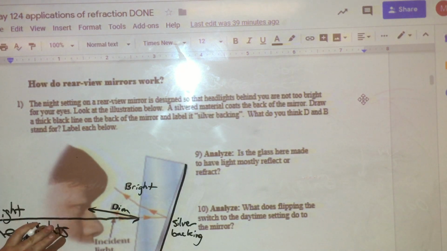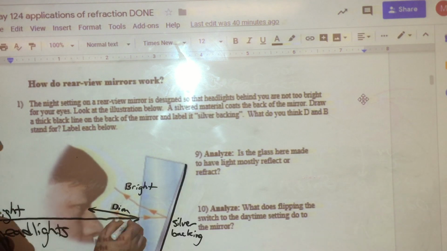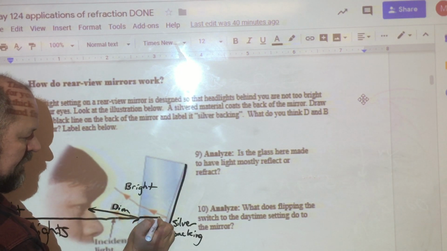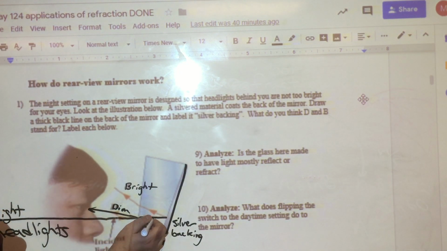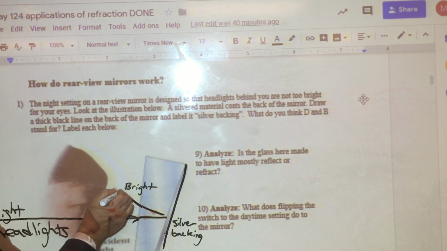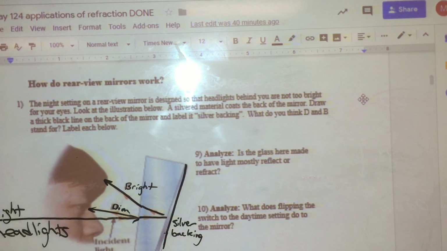Since it's just a little bit of light bouncing that way, it's going to be a dim setting. However, most of the light is going to refract into the glass, bounce off the silver backing, and most of the light is going to end up hitting the person's forehead. And so as you look at this kind of a driver, you would see the bright light up high.